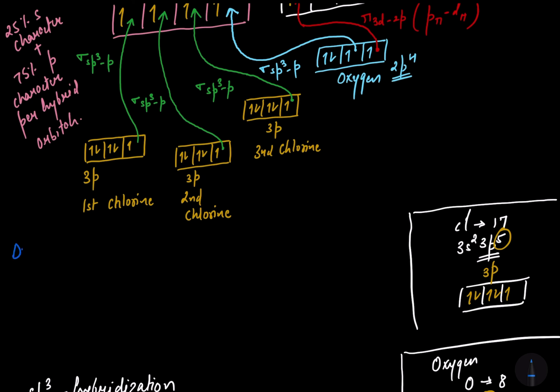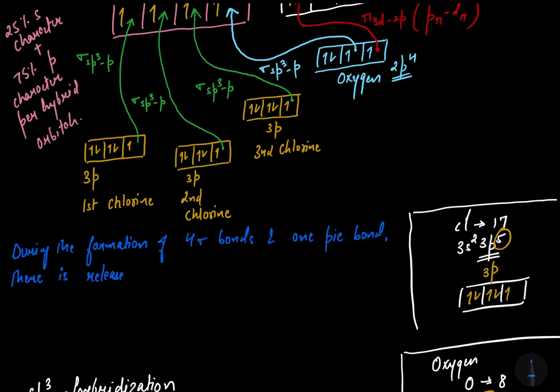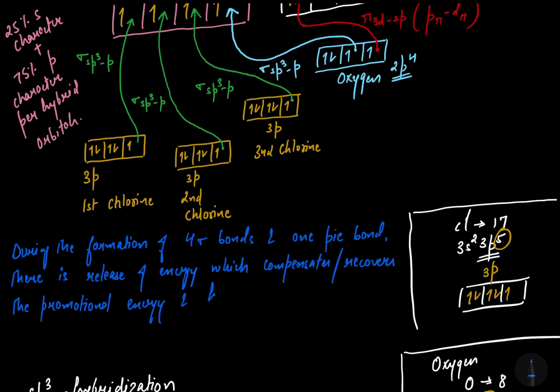Here I am writing: during the formation of 4 sigma bonds and 1 pi bond, there is release of energy, which compensates or recovers the promotional energy and hybridization energy.